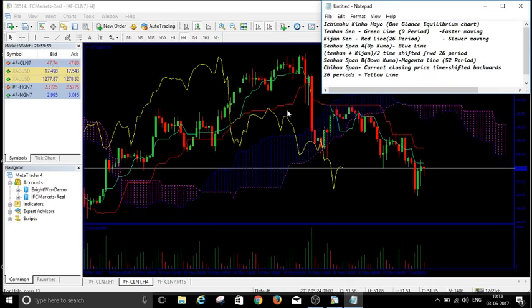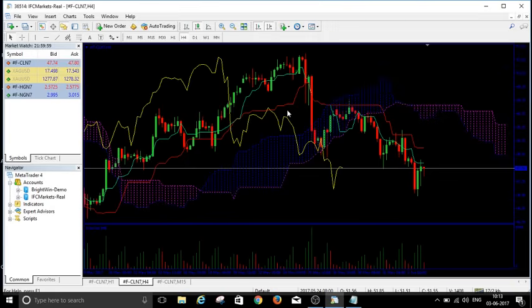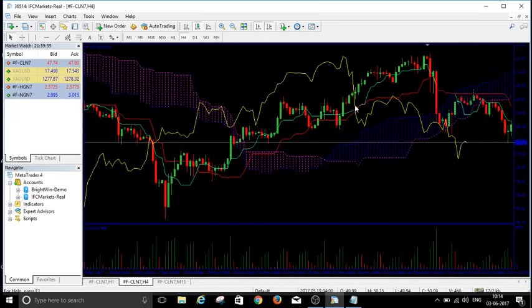So how will we use these lines for taking any position? We can go and buy or sell when these lines cross each other. Simply, when the faster moving average crosses over the slower moving average, then we will go and buy.